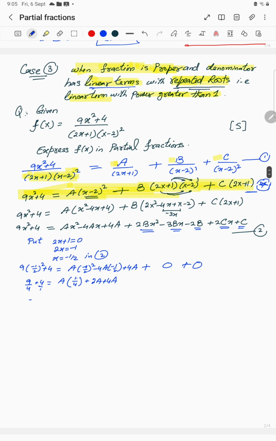Take the LCM. 9 plus 16 is equal to a by 4 plus 6a by 1. So 25 by 4 is equal to 25 by 4a. So a will be 1.